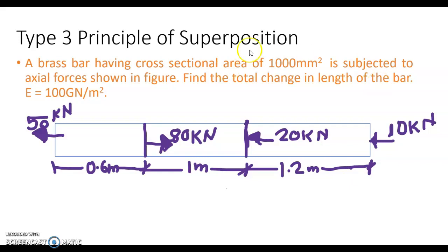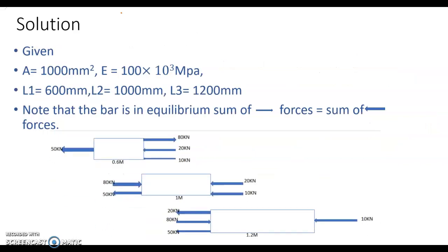So we need to draw each section's free body diagram so that it is easy to calculate delta L. The free body diagram concept comes from what you learned in engineering mechanics in first year. The area and E are given; convert E into MPa. L1 is 0.6 meter, converted into mm, 600 mm; L2 equals 1000 mm; L3 equals 1200 mm.